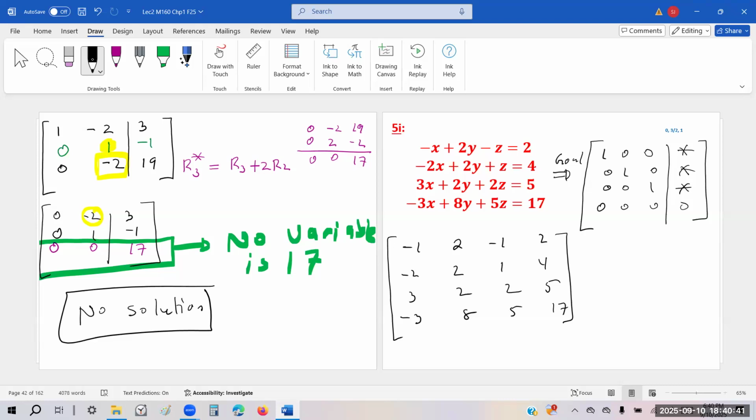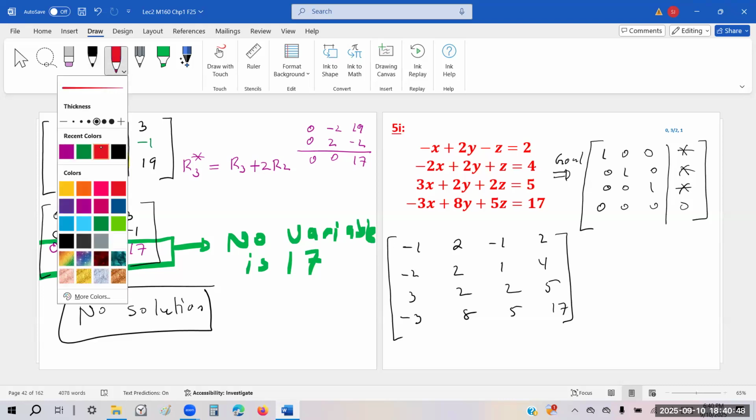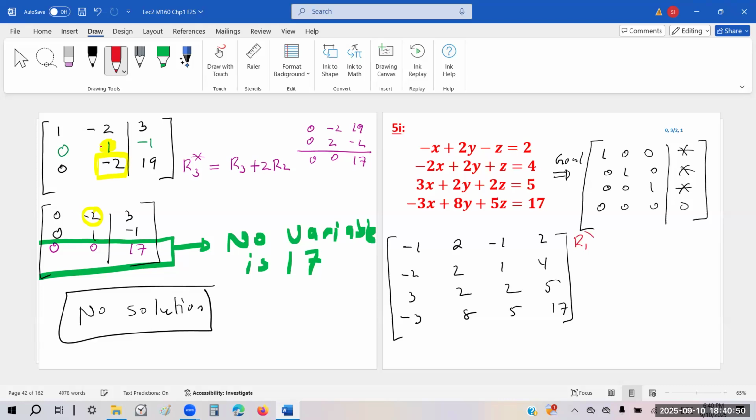So we can change all of them together at the same time. The new row 1, we don't want -1, we want +1. So what do you have to do? Multiply by -1. So it's -1 row 1.